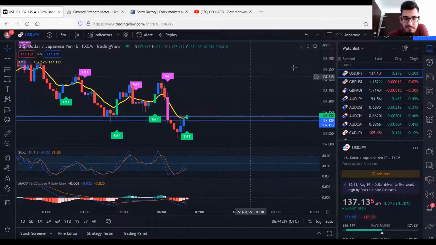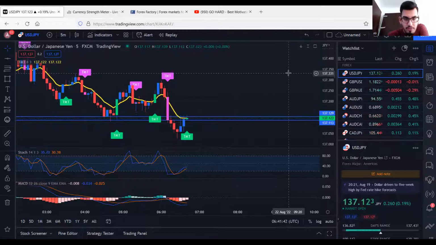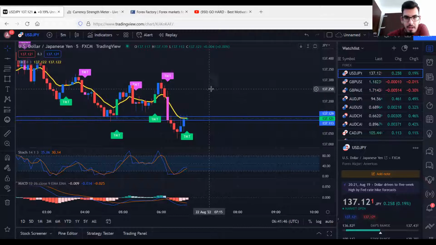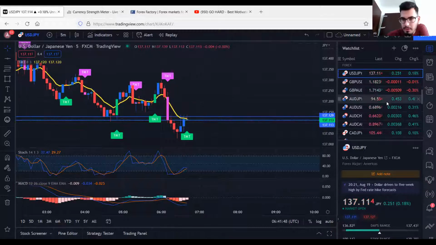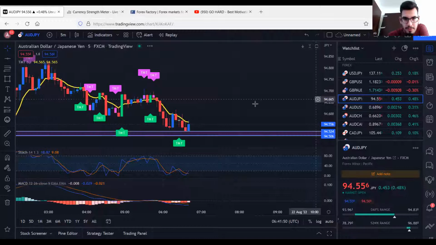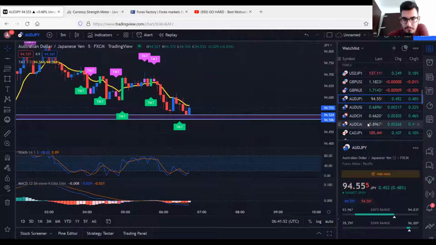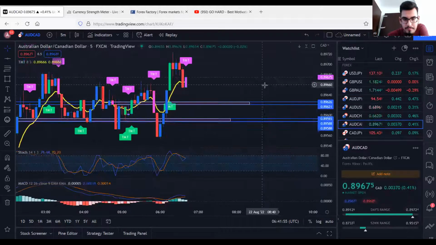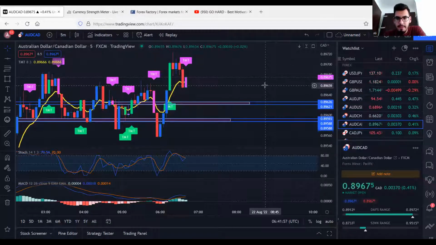Here's the JPY just not doing what I want it to do. But let's see if it does go a bit higher. I might draw up a pullback area for us, but it's still early. Now, for AUD CAD, it's showing us a purple label, but it doesn't seem to be pushing low.